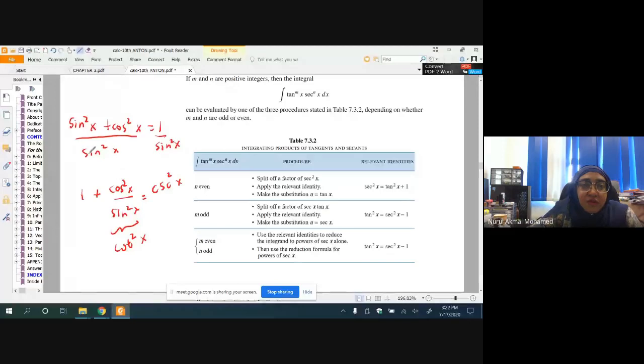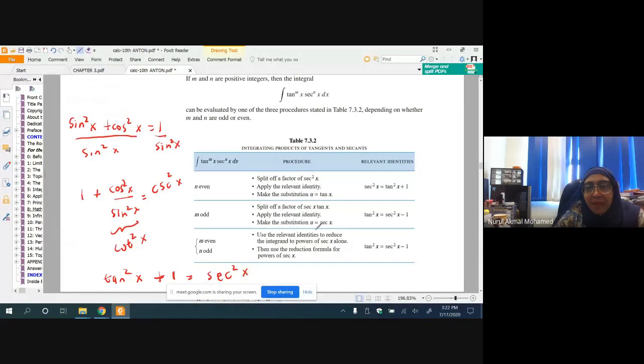If you divide by cos squared, you will have this identity here. You get sine squared x divided by cos squared x, which gives you tangent squared x, plus 1 equal to 1 over cos squared x, which gives you secant squared x.